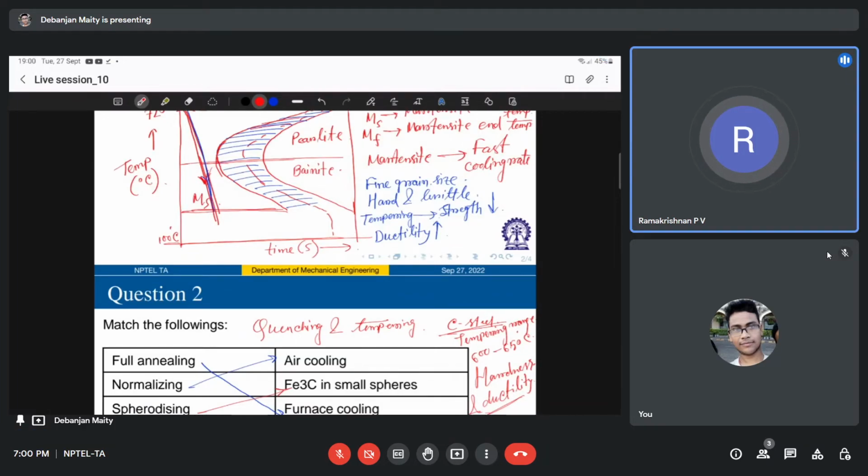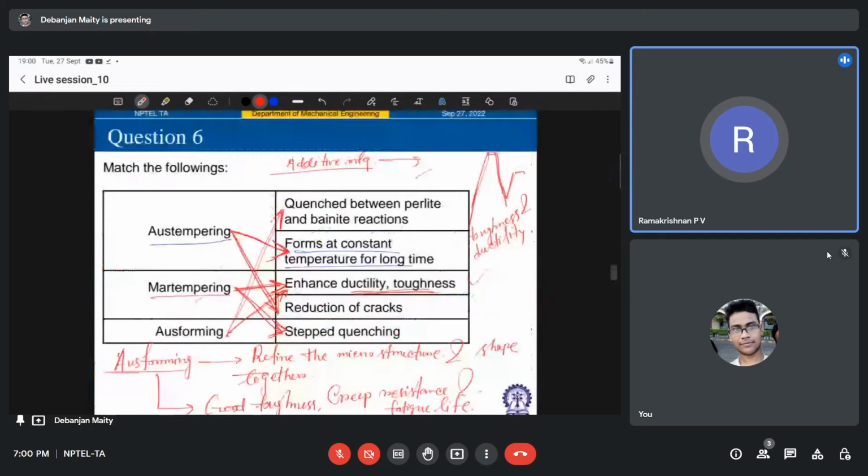Sir, one more question. One advantage of martempering, as you said, is that we are quenching and we are also tempering it, so that the hardness is reduced and there is improvement in ductility, because a martensitic structure will be more brittle. So my question is, in that martempering, as multiple options are allowed in this particular question, will it be applicable for the option called reducing cracks?